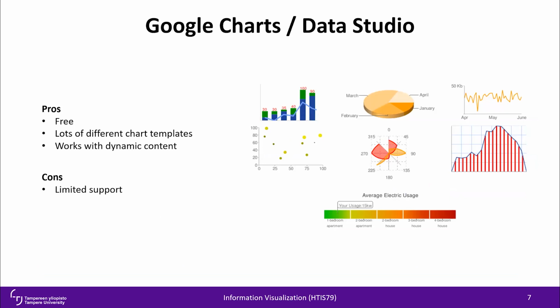Google has its own options, and what is really interesting is the fact that it works with dynamic content. I think I was saying in the beginning of this pre-course that we can basically divide information visualization into two categories.